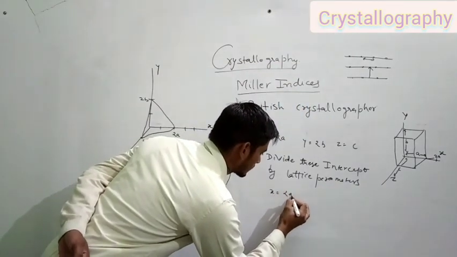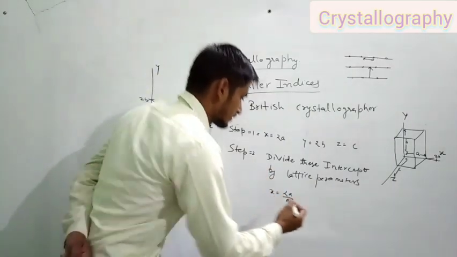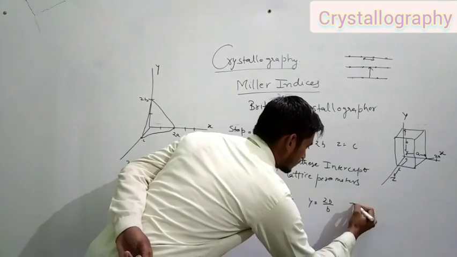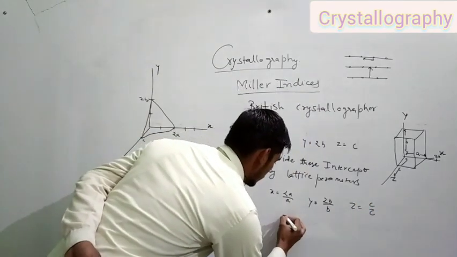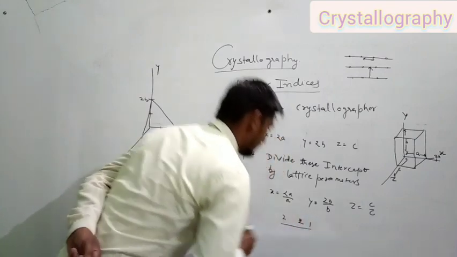X is equal to 2a by a, where a is the lattice parameter on the x-axis. Y is equal to 2b over b. Z is equal to c over c. So 2, 2 or 1.